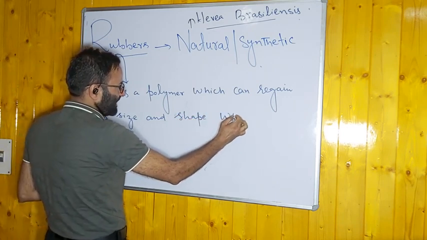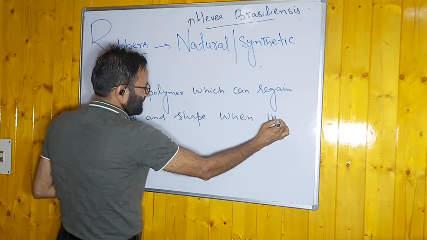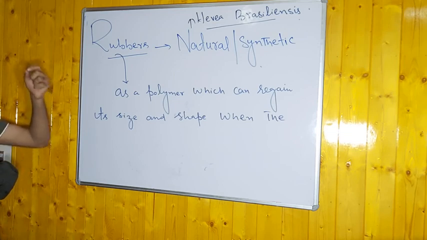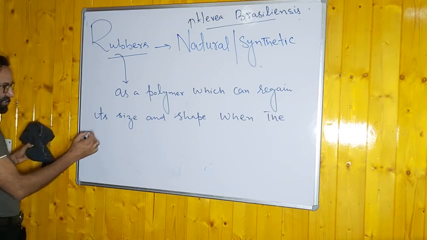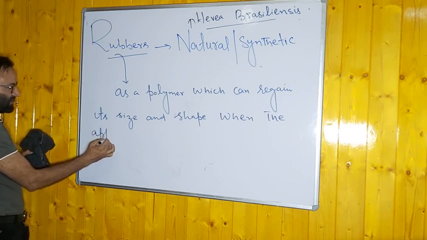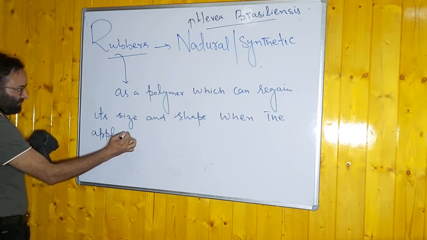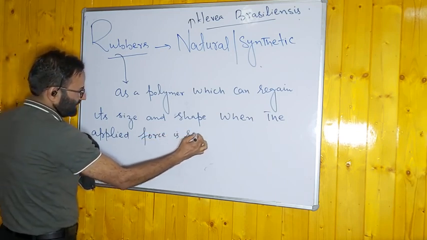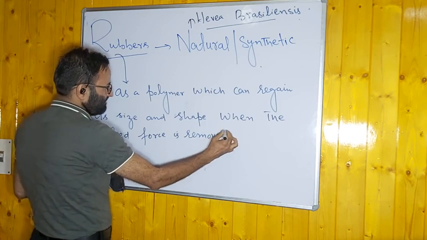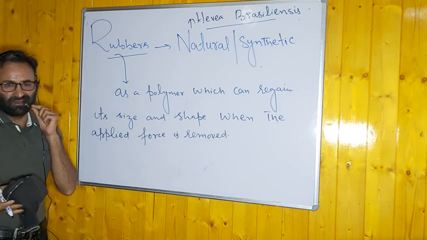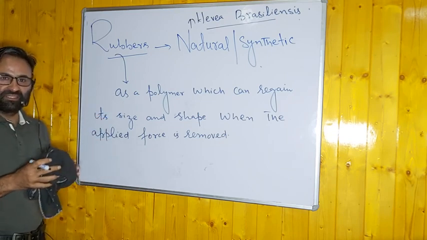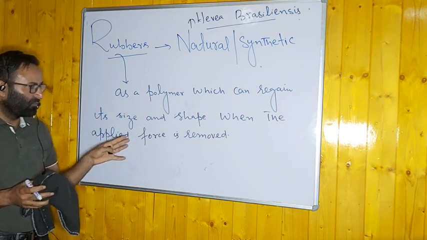It is a polymer which can regain its size and shape when the applied force is removed. This is the definition of rubber in polymer chemistry.